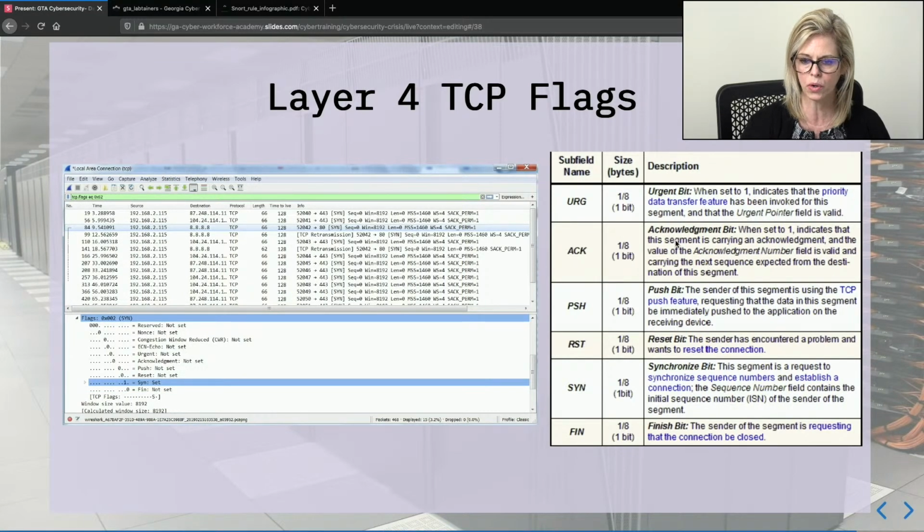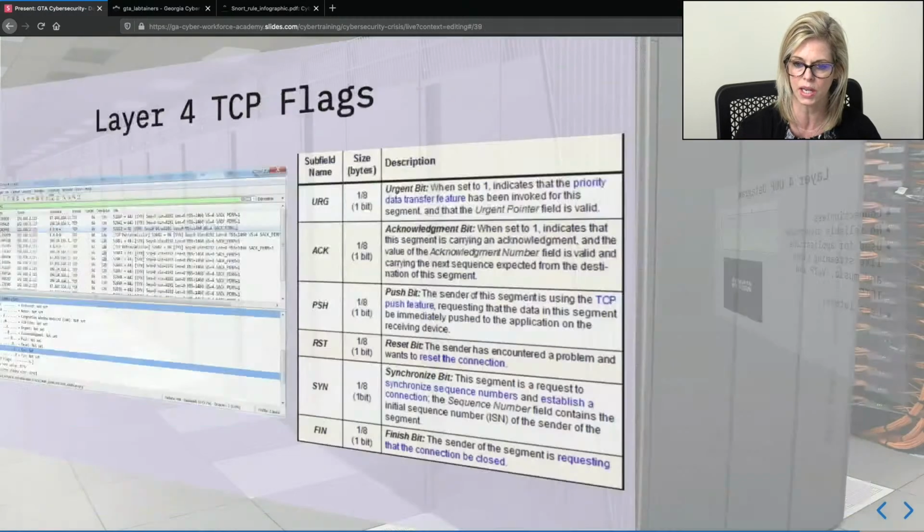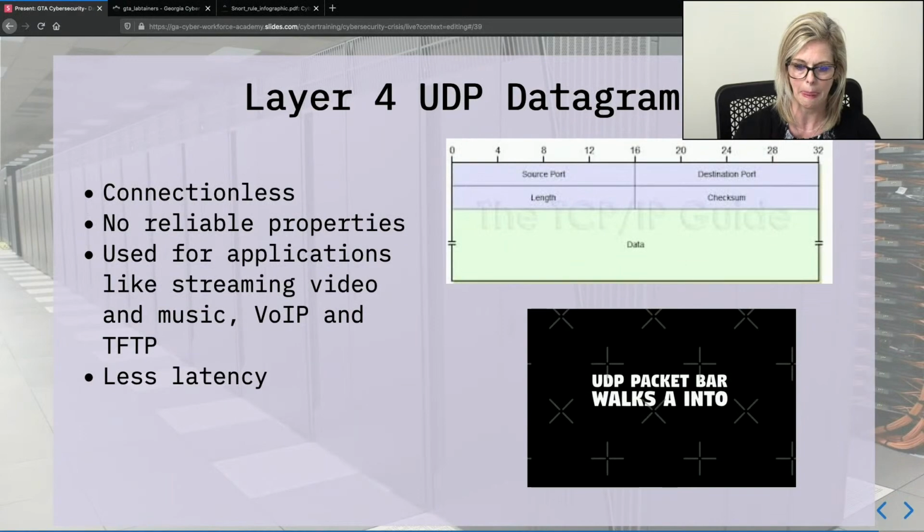Over here in the right-hand corner, it's just a description of all those flags so that you can become familiar with those. Again, the more familiar you are, you know what's normal, you know what to expect in seeing those different flags set, and can better recognize a network anomaly or a series of actions that are associated with a network attack.